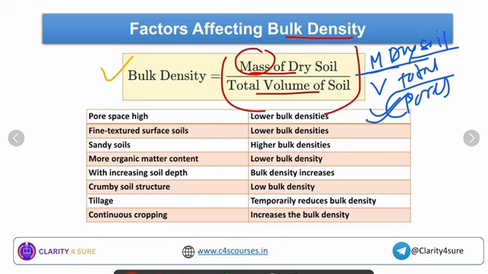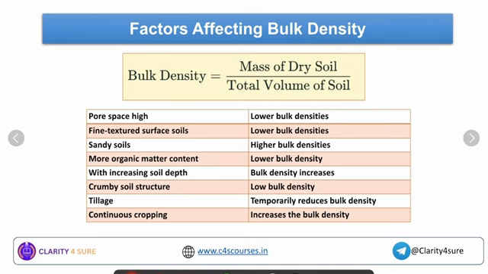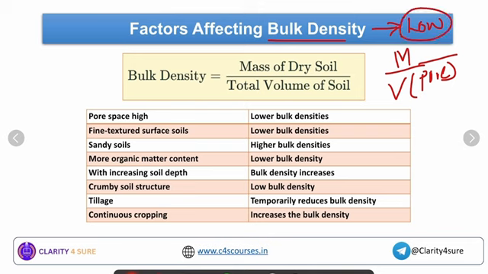Simple math, as I said, mass upon volume, and here we are considering the pores. Please keep one point: the ideal condition for agriculture is low bulk density. We are doing tillage, which is good for agriculture, which means it is going to reduce the bulk density.